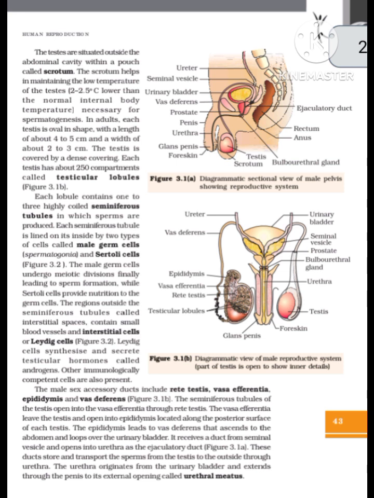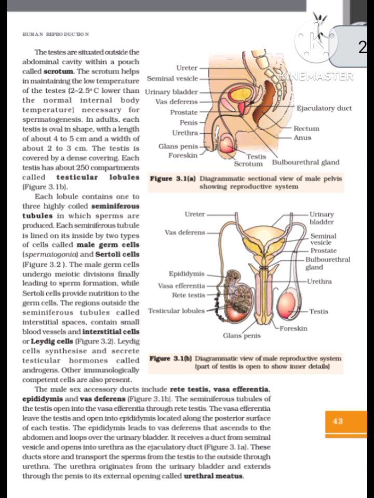The male germ cells undergo meiotic divisions finally leading to sperm formation, while Sertoli cells provide nutrition to the germ cells. The regions outside the seminiferous tubules called interstitial spaces contain small blood vessels and interstitial cells or Leydig cells, figure 3.2.